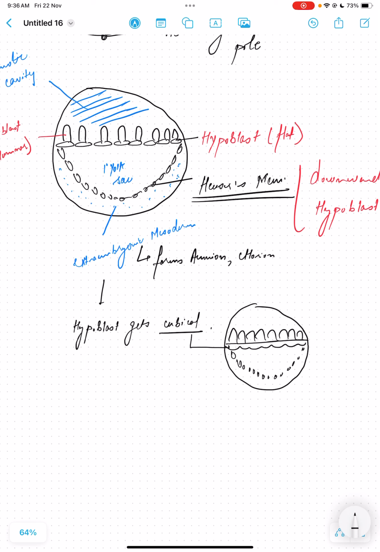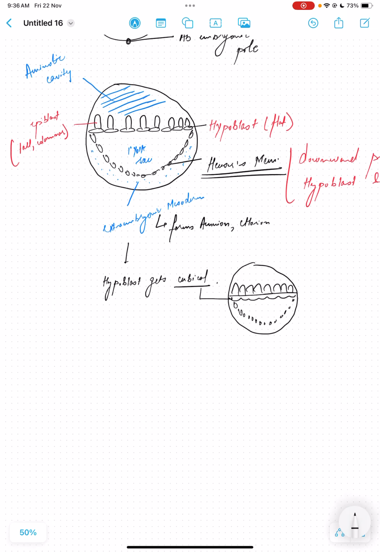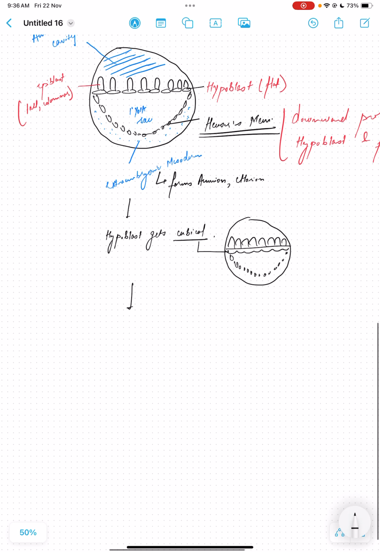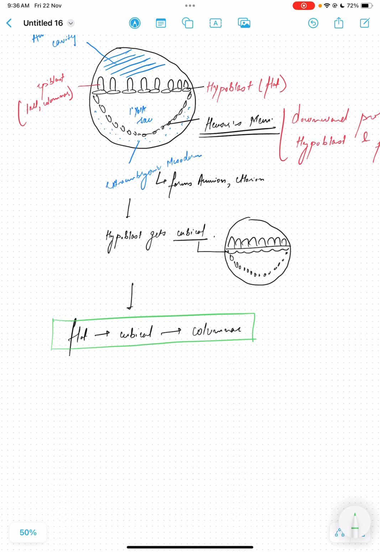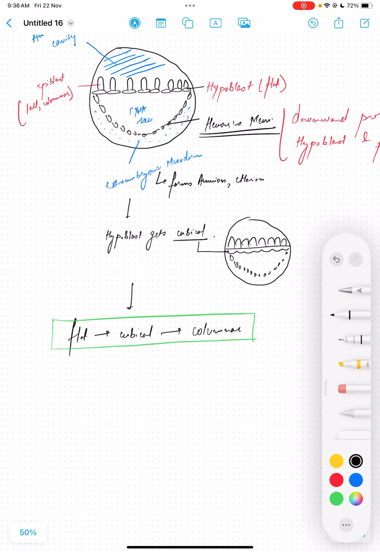Afterwards, what happens is that, firstly, hypoblast was flat, then it went cubical, and now it will be columnar in nature, from flat to cubical to columnar.